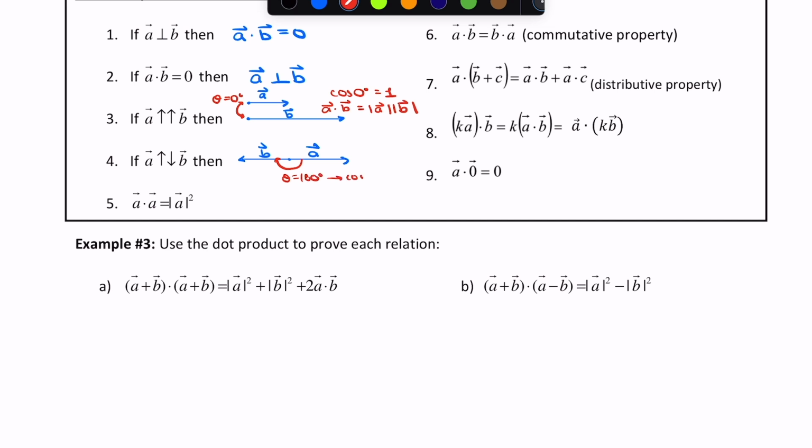Here we see that cos 180 degrees is equal to negative 1. And so then the dot product of vector A and vector B will be equal to negative the magnitude of vector A times the magnitude of vector B.